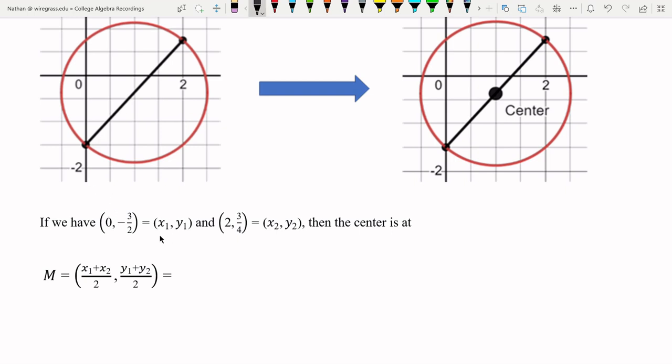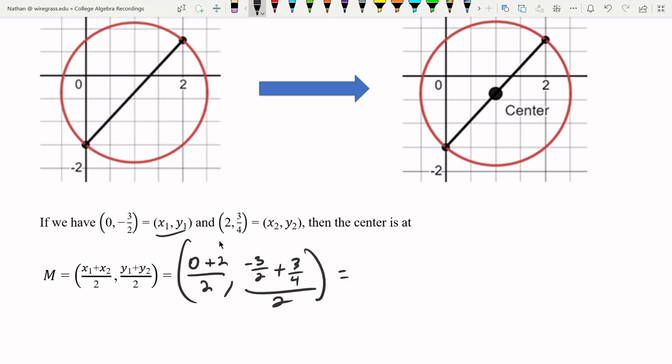(x1, y1) is going to be (0, -3/2). So x1 is going to be 0, x2 is going to be 2. y1 is going to be -3/2, plus y2 is 3/4, all over 2. So this one is (0 + 2) over 2, that's 2 over 2, or 1.